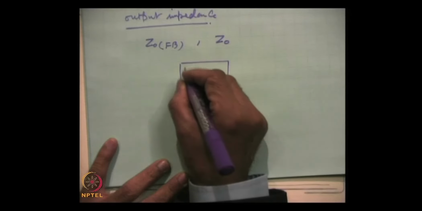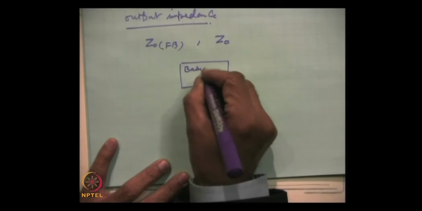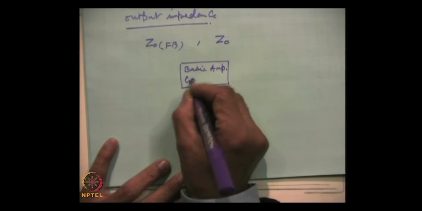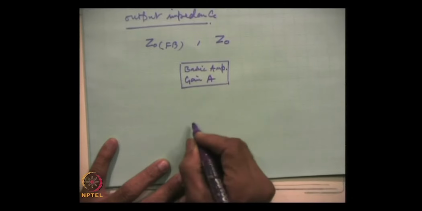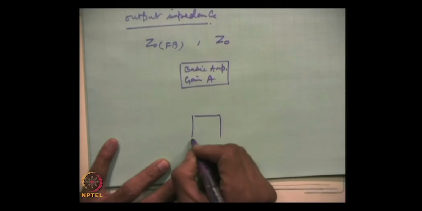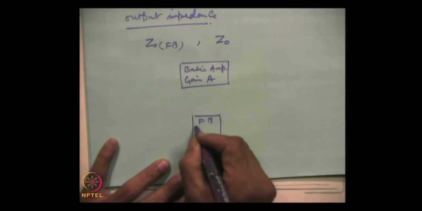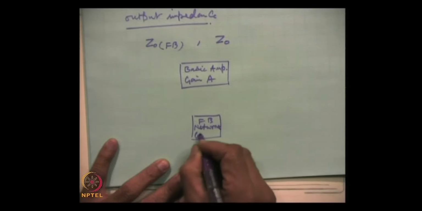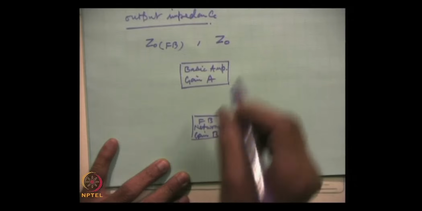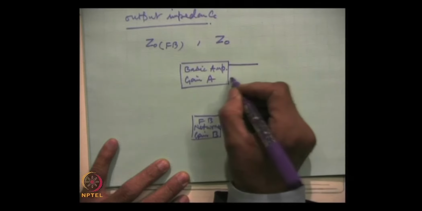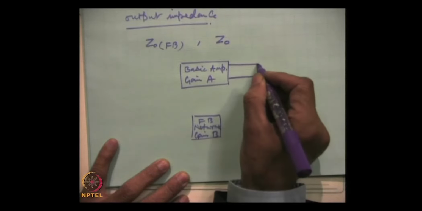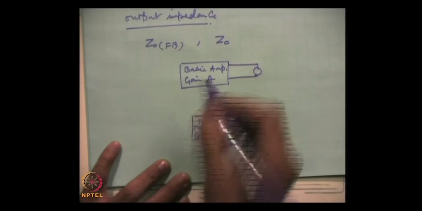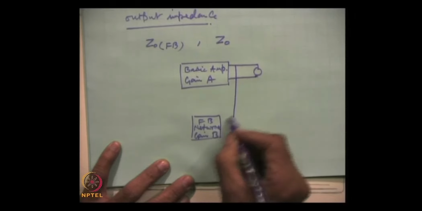This is the basic amplifier, gain A, this is the feedback network, gain B. Here we have removed that resistance RL, maintaining the same connection.